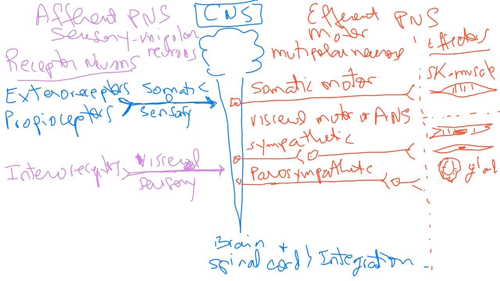Because there's no control, we need two innervations. One set of nerves is going to make the organ go, the other one is going to make it stop. And that's why we have sympathetic and parasympathetic. The problem, what makes the whole process confusing, is that depending on the organ, the sympathetic division is going to make the effector go, and the other one will make it stop.